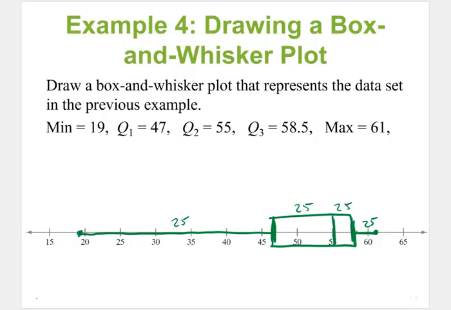We can also do what's called a modified box and whisker plot. And I'm going to do that in red. So notice that 19 was an outlier, and we talked about that in the previous example. So I would just put a little asterisk here at 19 instead of having the whisker be that long, and then put a dot for the minimum, which is the last data point that wasn't considered an outlier.